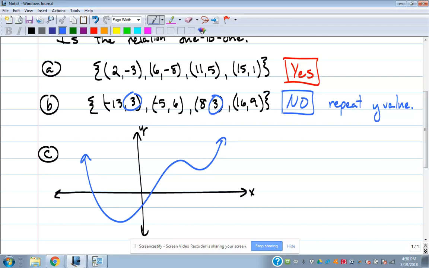Now, to be a one-to-one function, you have to pass a vertical line test and a horizontal line test. Does it pass the horizontal line test? No, because if I put a horizontal line anywhere in this general area, it's going to touch that graph twice, which fails the horizontal line test. So this is not one-to-one.